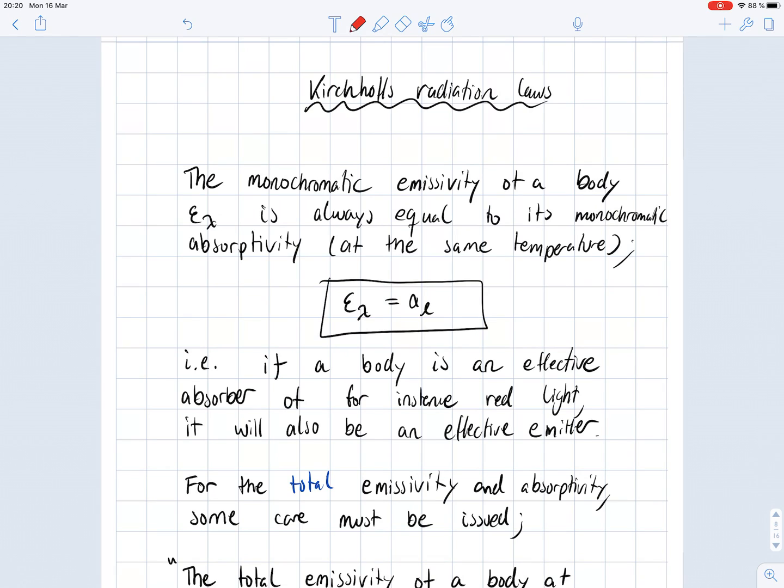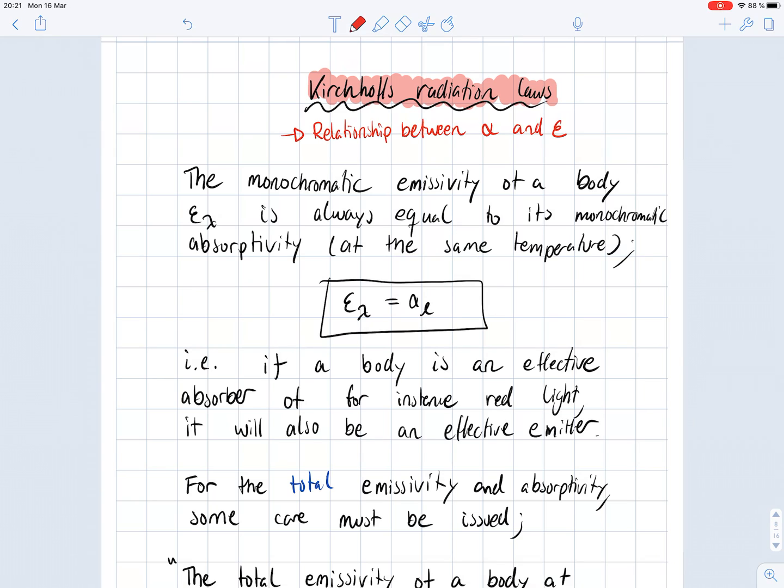So, we move on to the radiation laws of Kirchoff. And as I mentioned in the introduction, these give the relation between alpha and epsilon, or between the absorptivity and the emissivity of the surface.